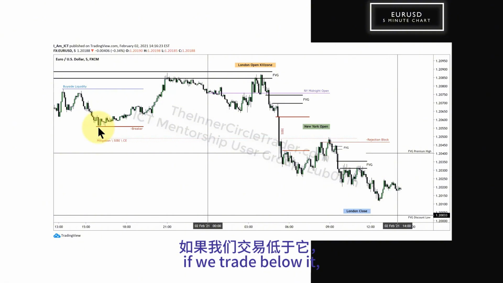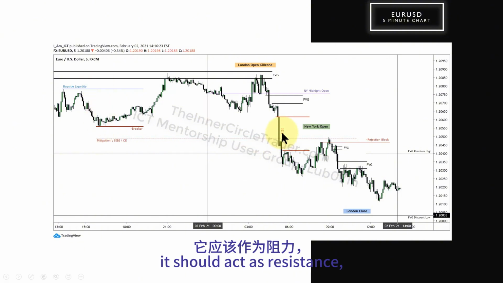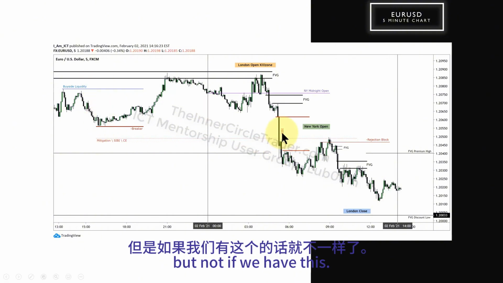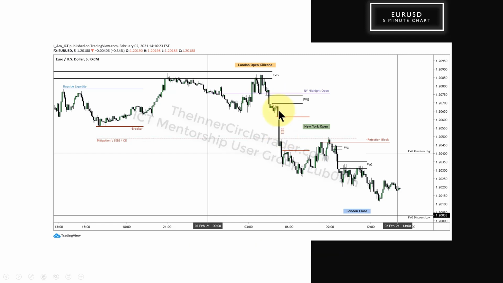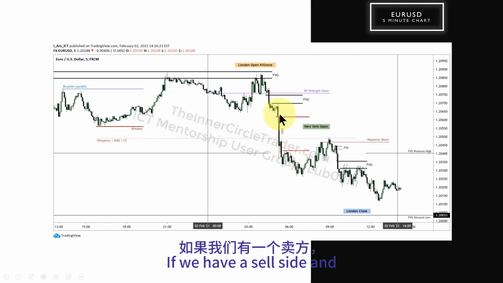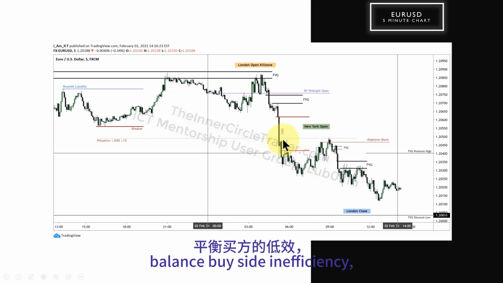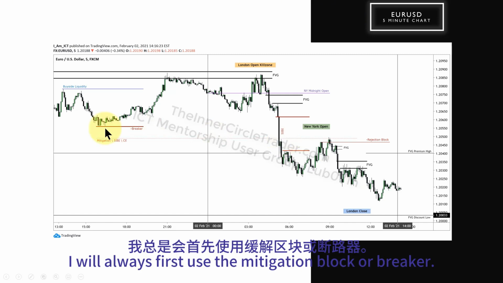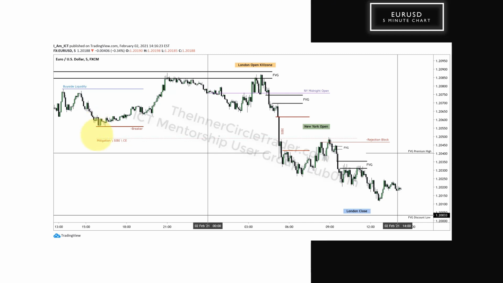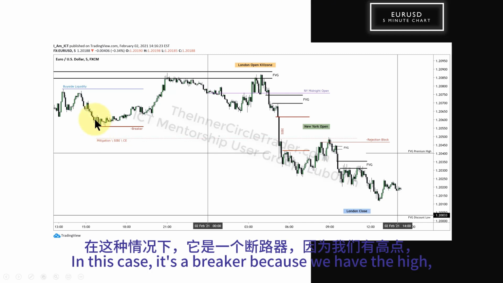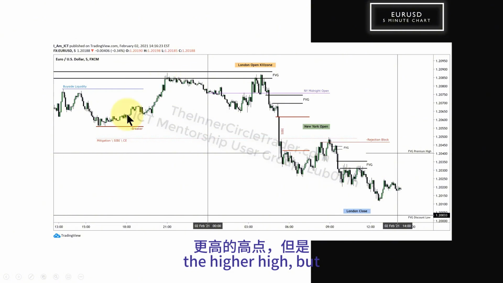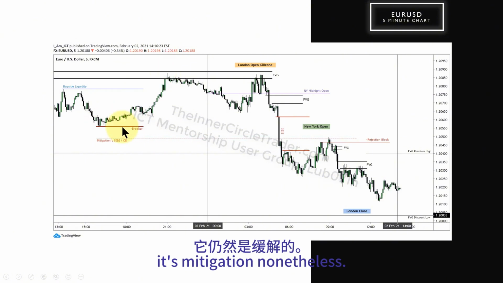If we trade below it, it should act as resistance, but not if we have a sell side imbalance, buy side inefficiency. I will always first use the mitigation block or breaker. In this case, it's a breaker because we have the high with a higher high, but it's mitigation nonetheless.